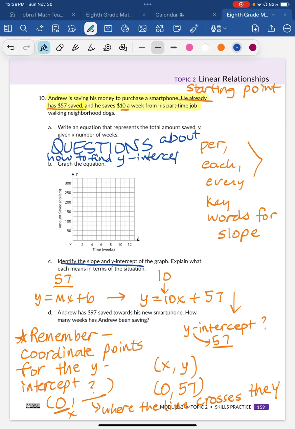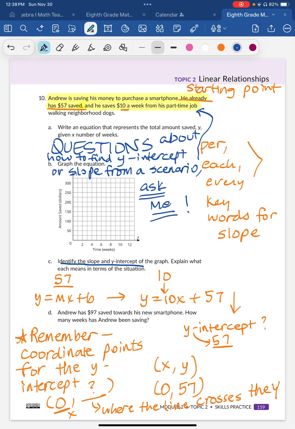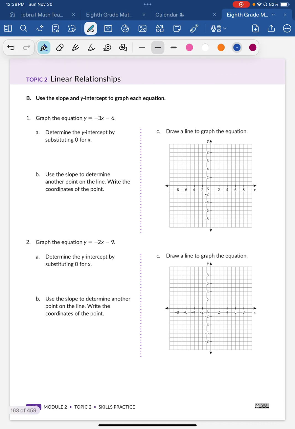If you have any questions about how to find the y-intercept or slope from a scenario like that, like this from a word problem, ask me. I don't want you to just not know. Ask me. I will be happy to explain it. Okay. All right, let's keep going.